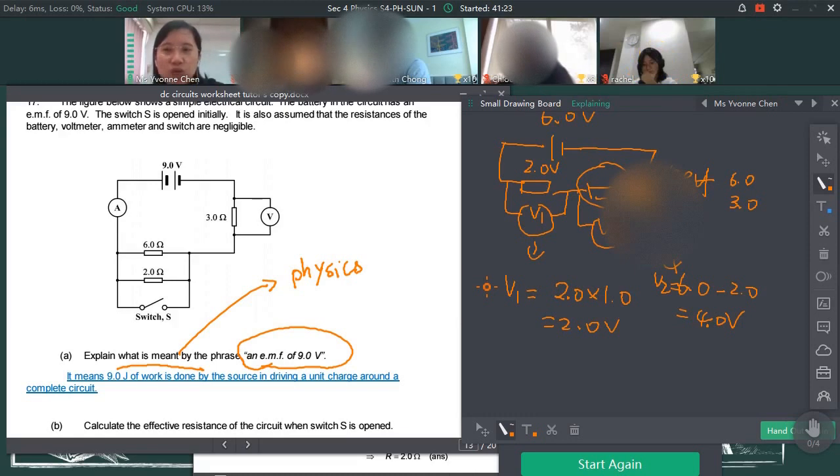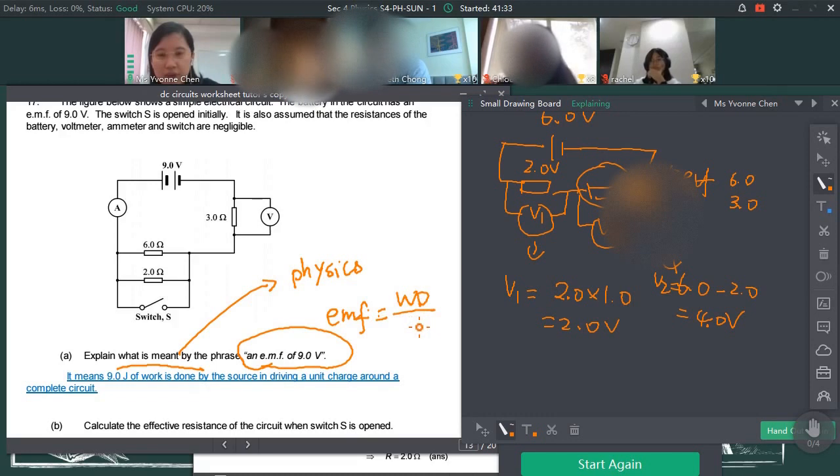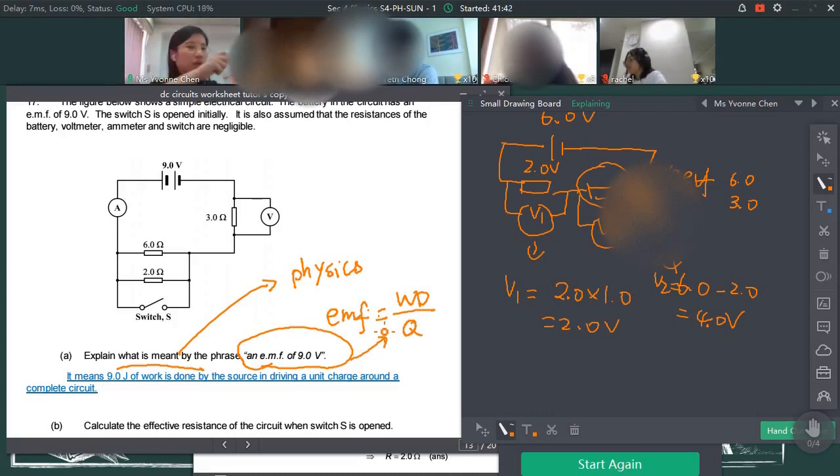Okay, class. How do we define EMF? EMF is defined as the work done by the source in driving a unit charge around the circuit. This is the defining equation of EMF. Please take note.